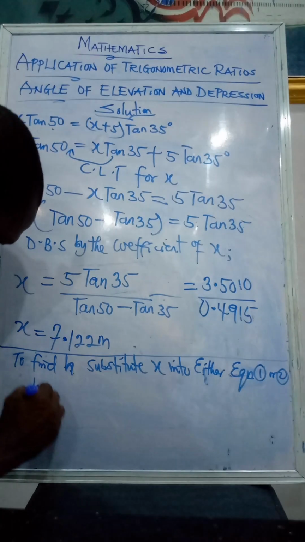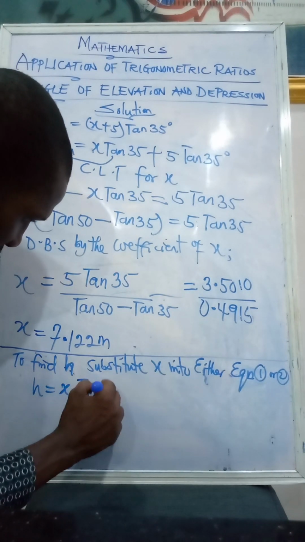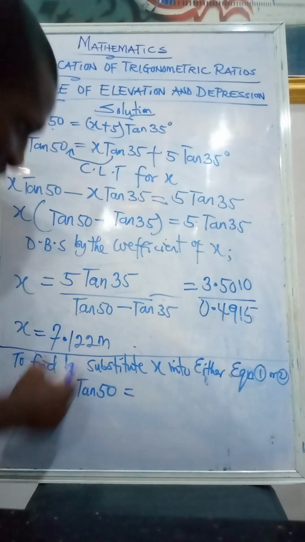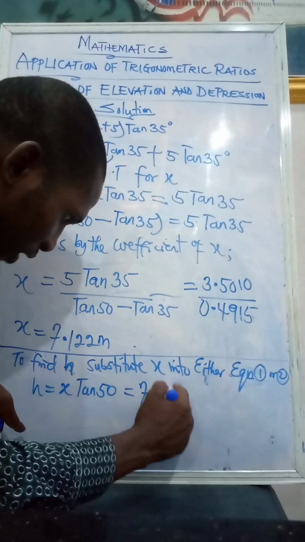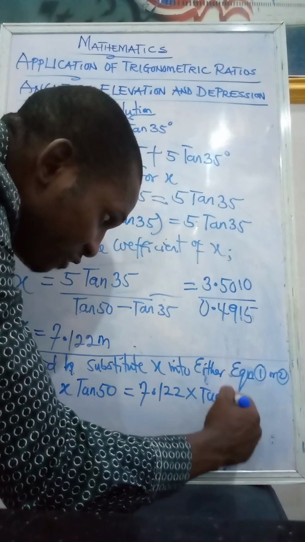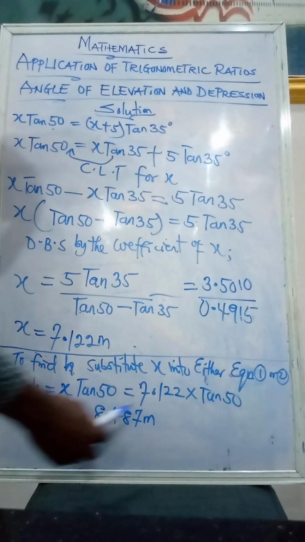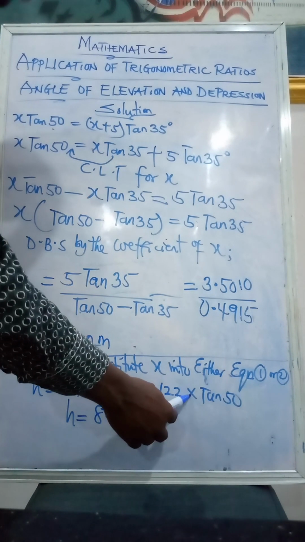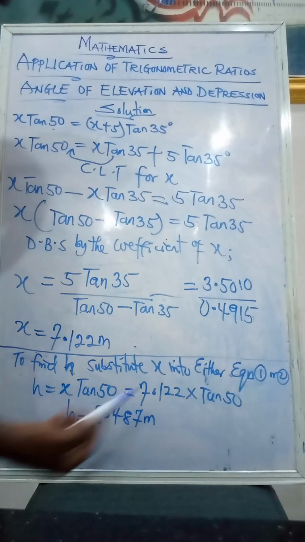So H equals X tan 50. Our X already is 7.122, times tan 50 degrees. So 7.122 multiplied by tan 50 will give us 8.487 meters.